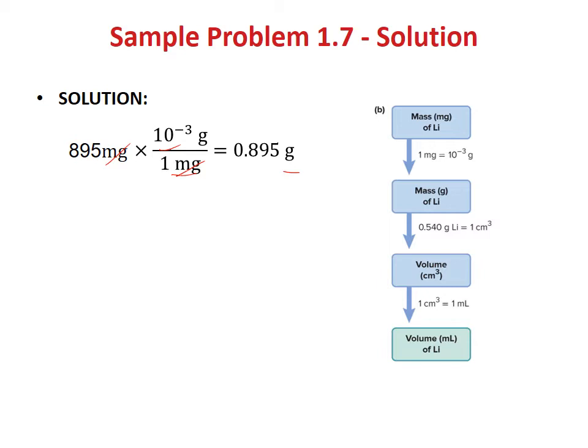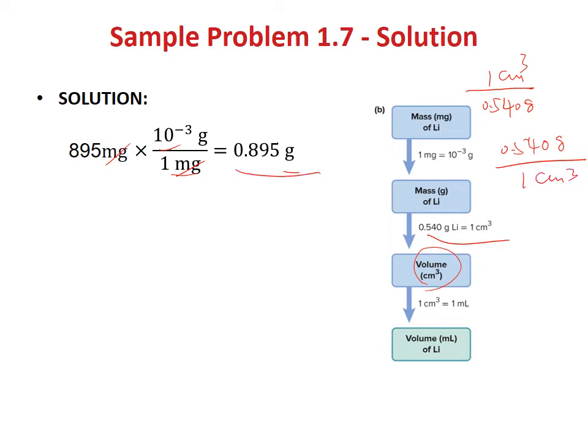According to our plan, the next step is to calculate the volume using the density. For the density, we can write two conversion factors: 1 cubic centimeter per 0.540 gram, or 0.540 gram per cubic centimeter. Which one should we use? We start with grams and want to cancel grams, so this should be the conversion factor.